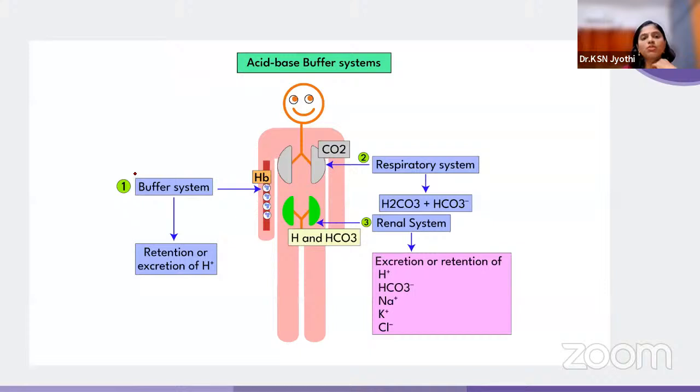First, when you're talking about the blood buffer system, this largely works with hemoglobin. I will give you a very simple example. We all know our process of respiration. We breathe in oxygen, we breathe out carbon dioxide. Now, the levels of carbon dioxide that get circulated in the body will largely impact the concentration of H plus ions.